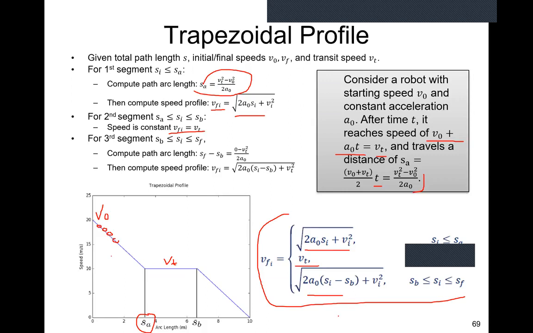Okay, so that's a trapezoidal speed profile.